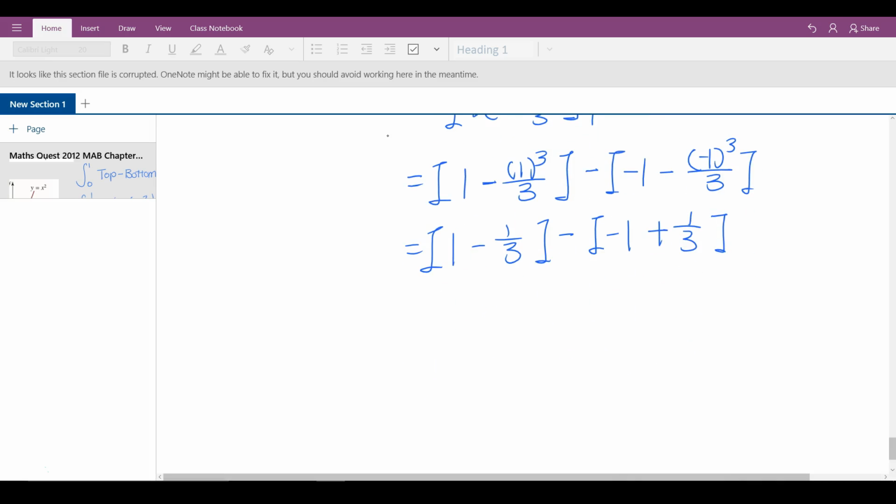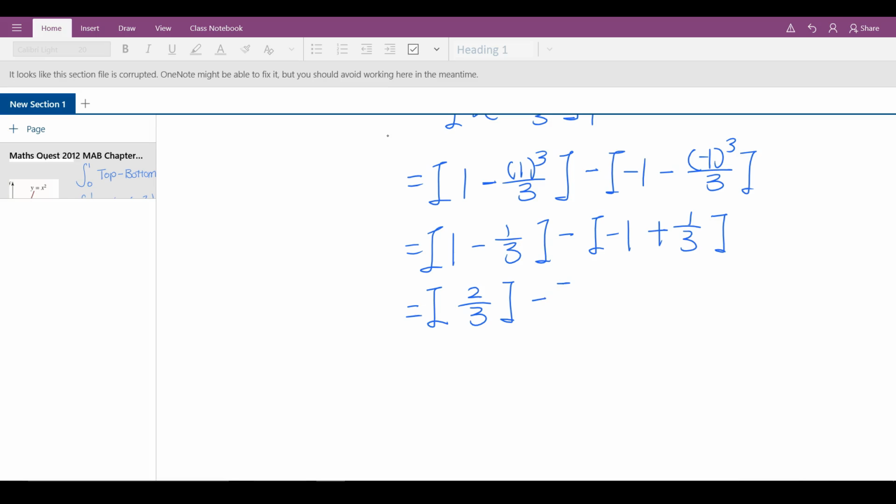So 1 minus 1/3 now. I hope I don't have to do the primary school way for this one. I hope you know this is 2 over 3, because 1 is 3 over 3.